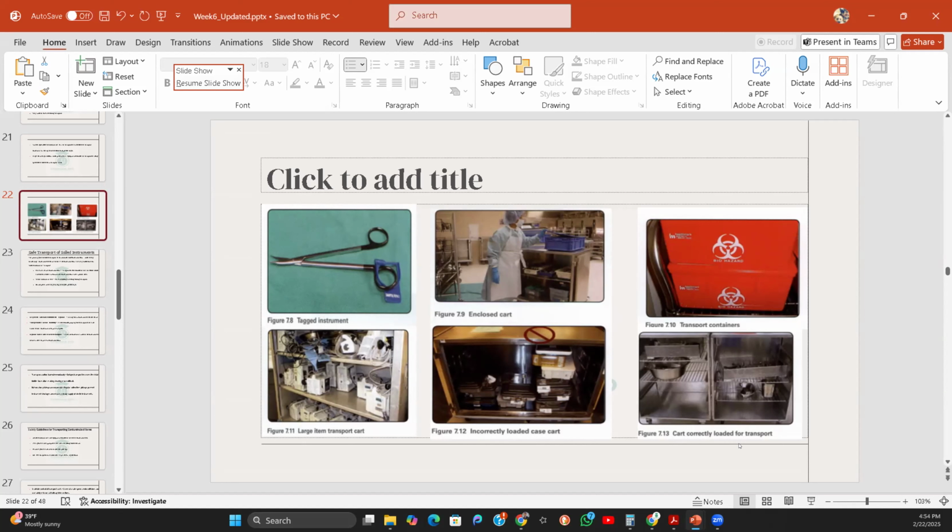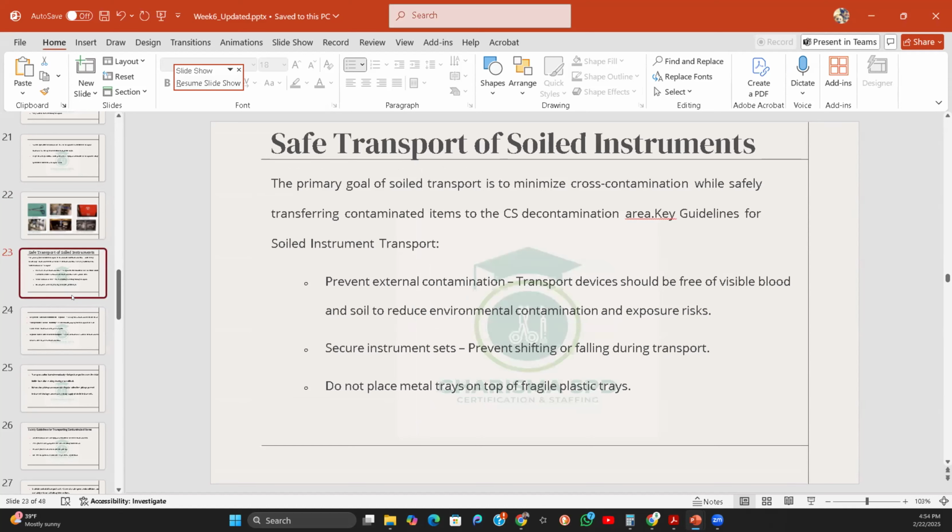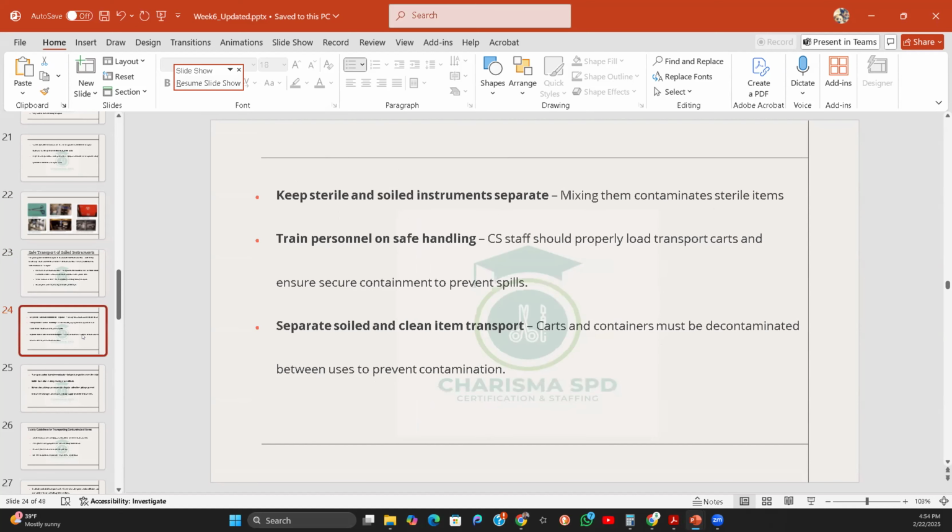Does that make sense? Yes. And then when you are staging your sets, your instruments, your trays in the cart, you have to make sure that they are secured so that they will not fall in the process of transporting the instrument to central sterile processing department. So next slide, please.